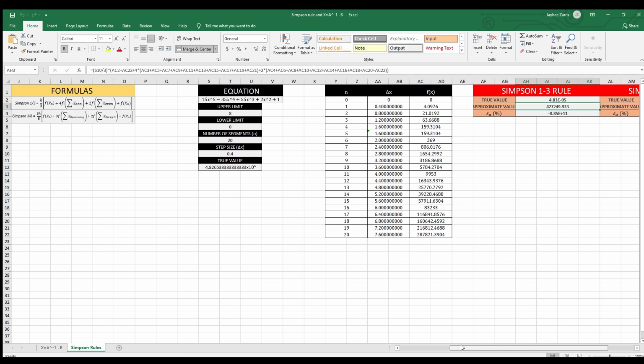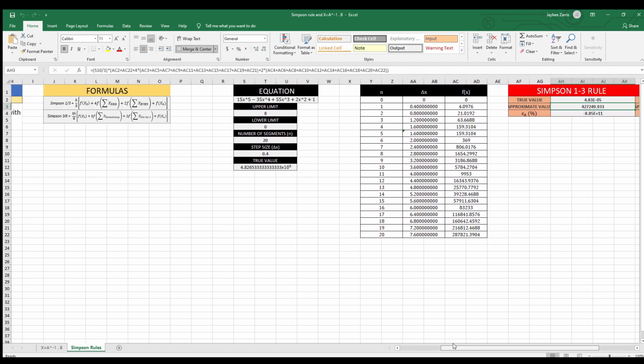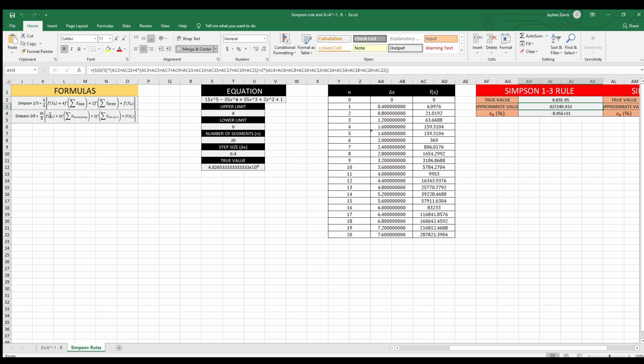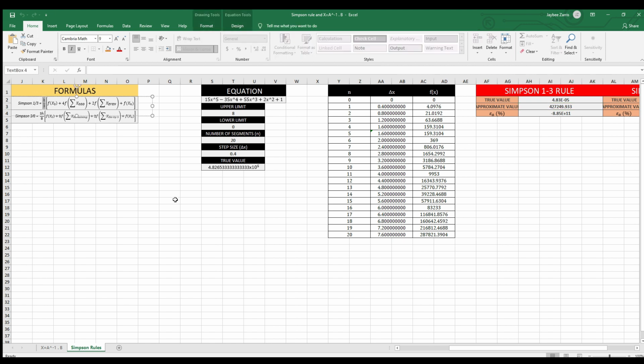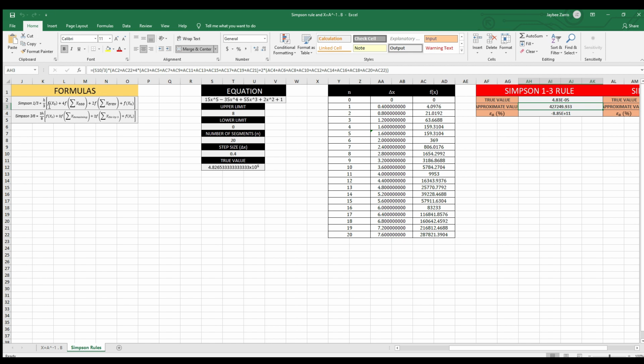So, gagamitin na natin yung formula for the Simpson, for the 1/3 rule. Ito yung gagamitin. So, yung h, ang ilalagay natin sa h is ang step size, which is S10 over 3. Step size over 3.